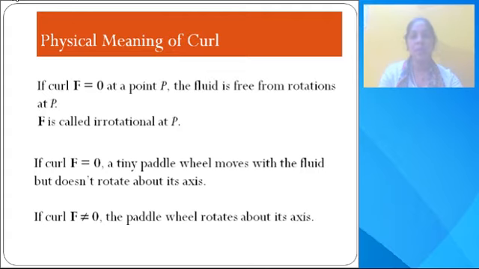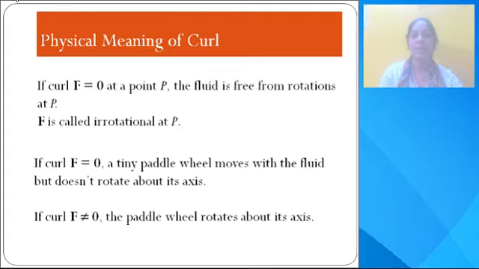So if curl f is equal to 0, where f is a vector quantity, it means that f is not a rotational vector, it is an irrotational vector.